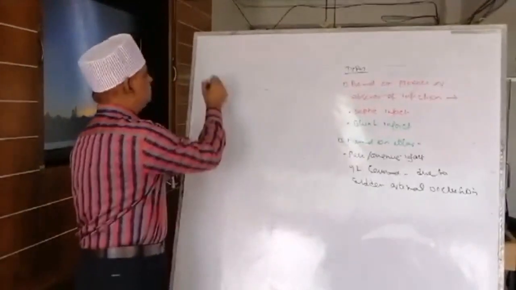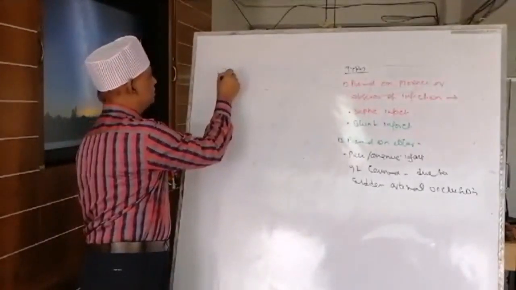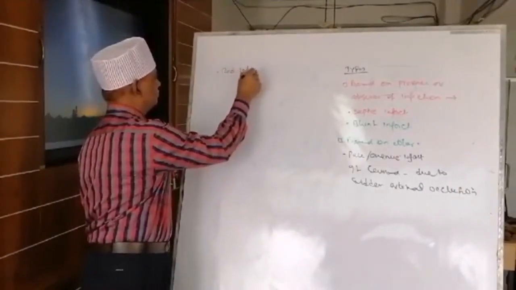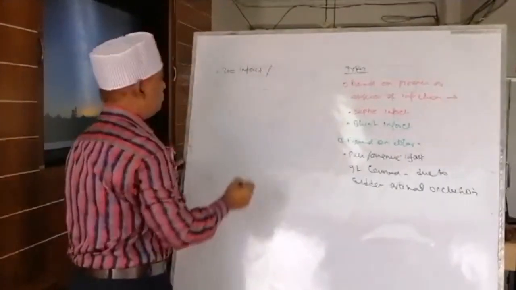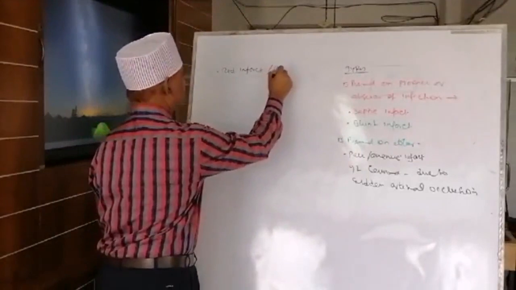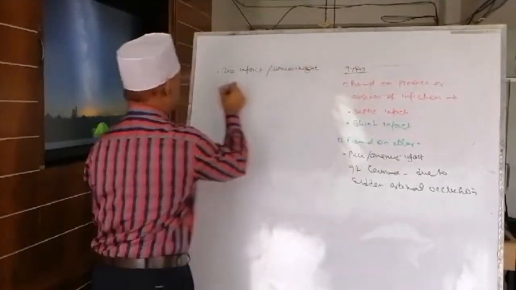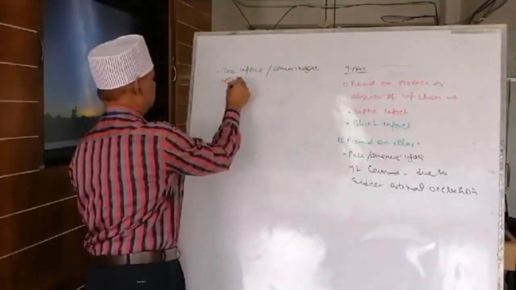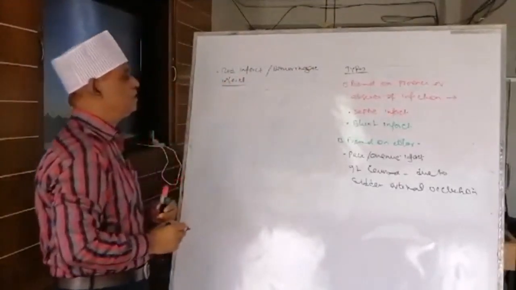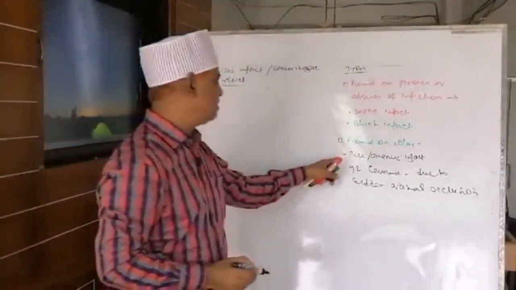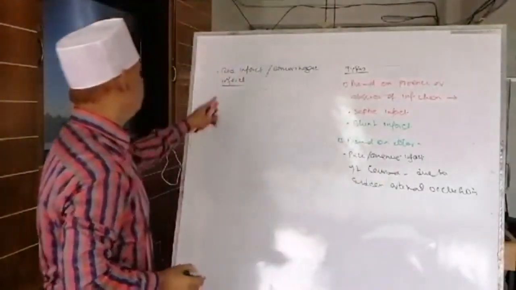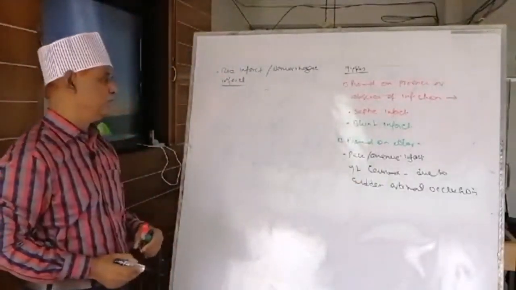Another is red infarct. It is also called hemorrhagic infarct. Dear audience, on the basis of color, pale infarct or anemic infarct, and another is red infarct or hemorrhagic infarct.